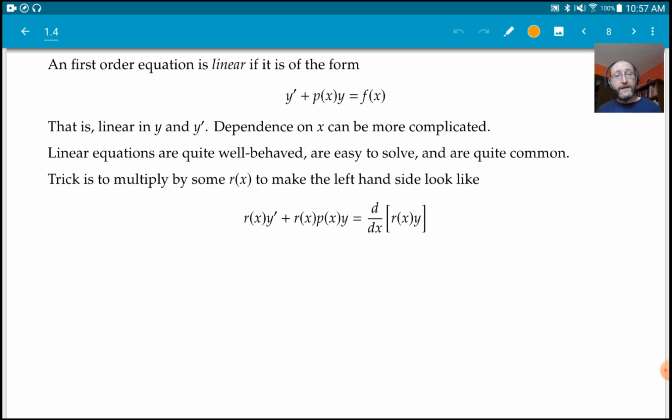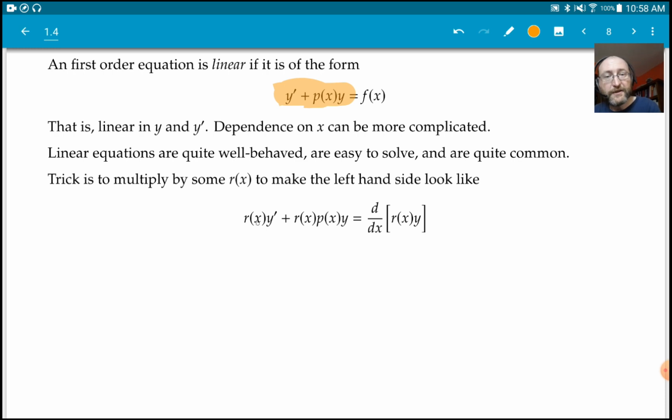Now, the way to solve an equation like this is actually kind of an interesting trick. It's not something that you would immediately think of. You look at this y prime plus p of x times y, and you think, well, that sort of looks like something I could have gotten from the product rule, except something's missing.